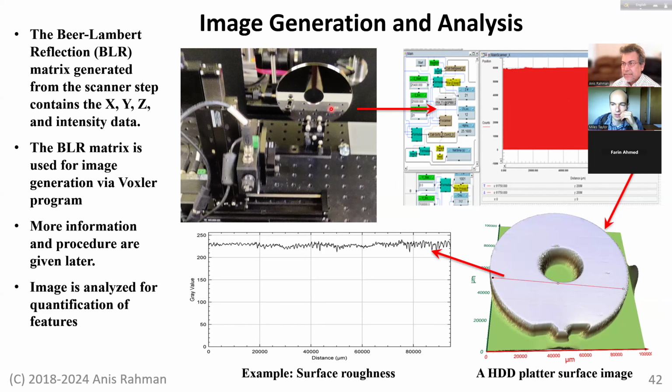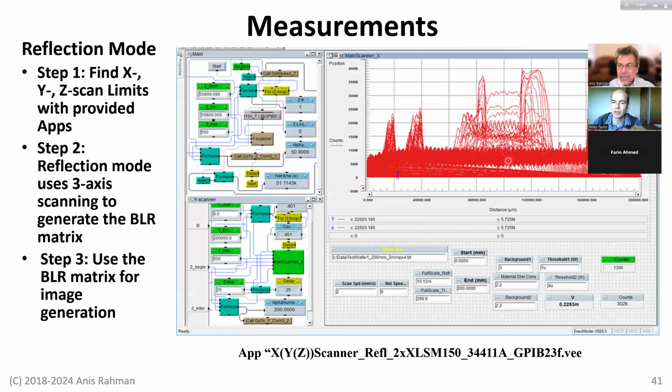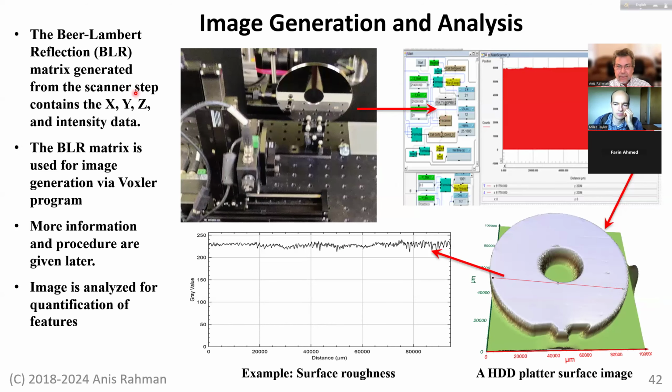Those are magnetic material, very special proprietary material. We would not know. This one was the silicon wafer, having all the patterns. But this example is a different sample.